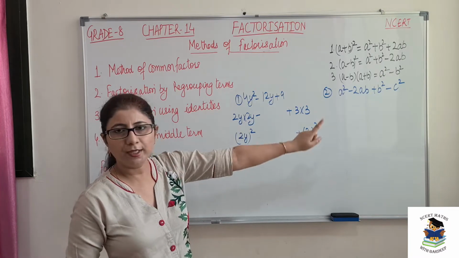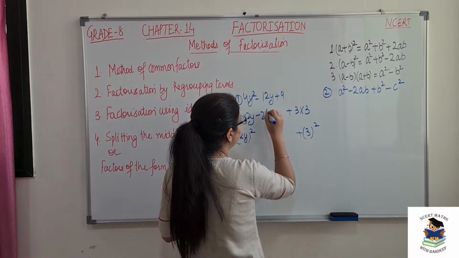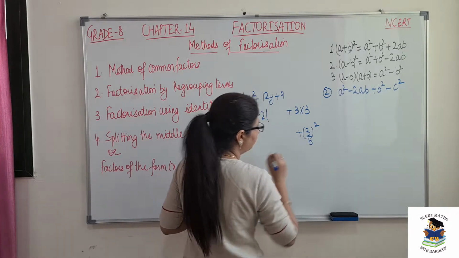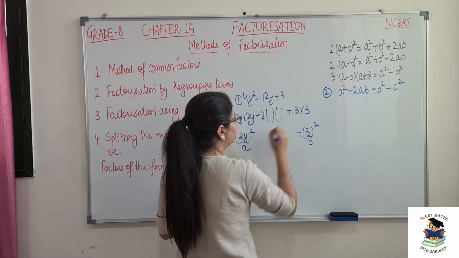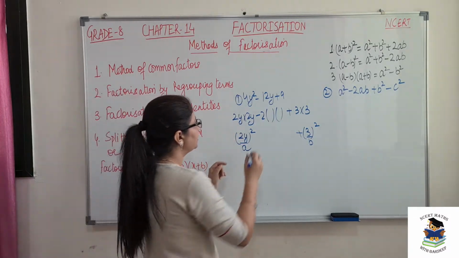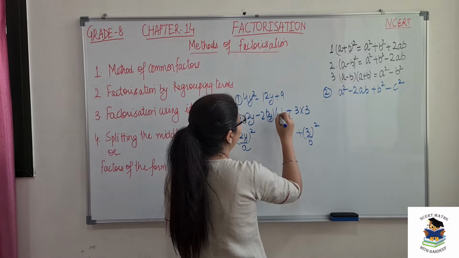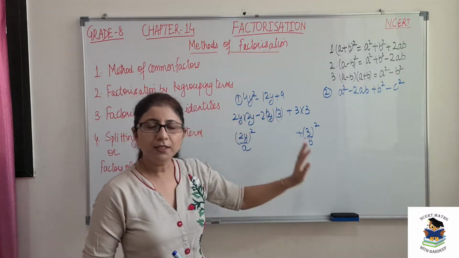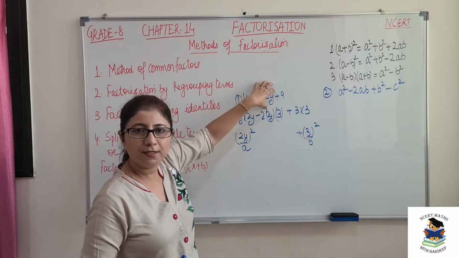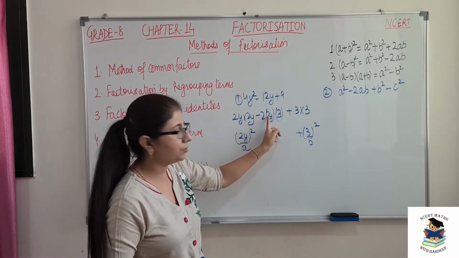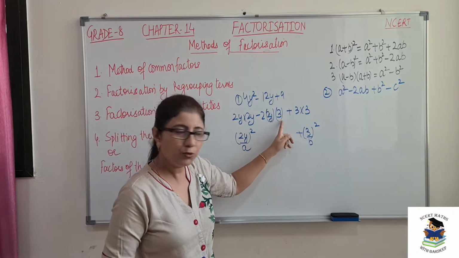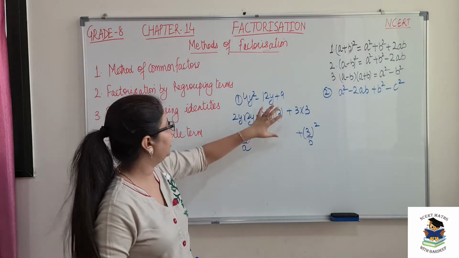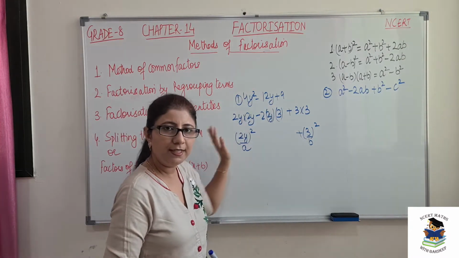So the term is minus 2ab. If this is a and this is b, so 2 times ab, where a is 2y and b is 3. You should check, if you do 2ab, whether the term is the same as given to us. 2 into 2 is 4, 4 into 3 is 12. Yes, we have 12 with minus sign and y. So minus 12y can be formed from these 2 terms.